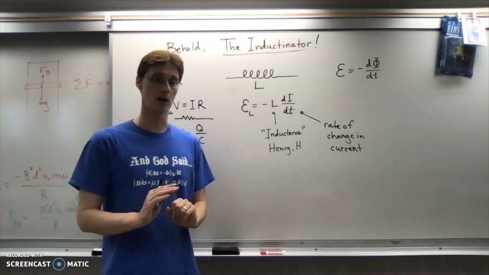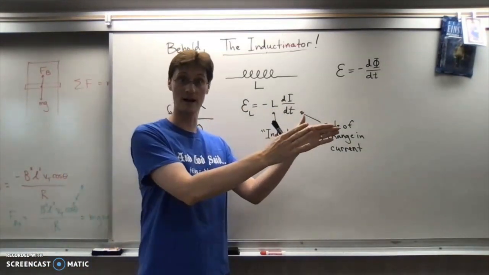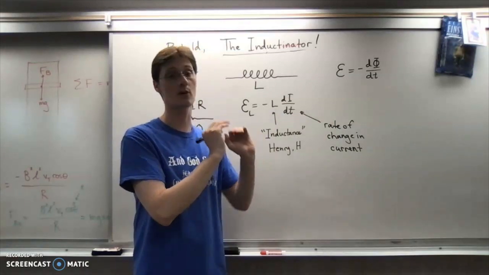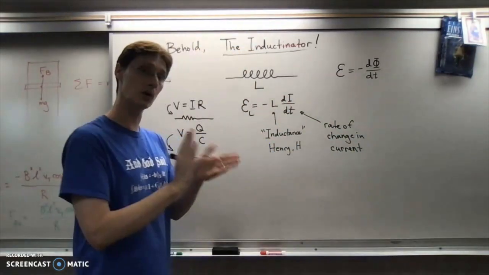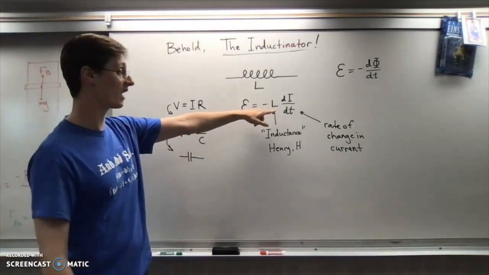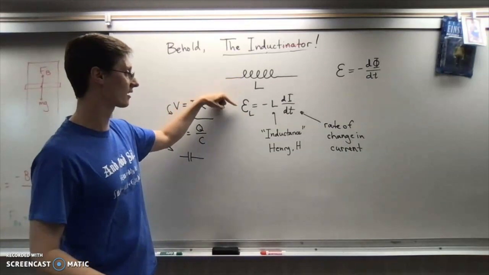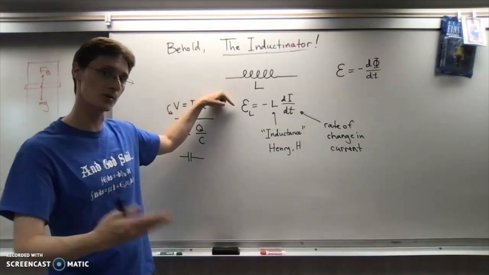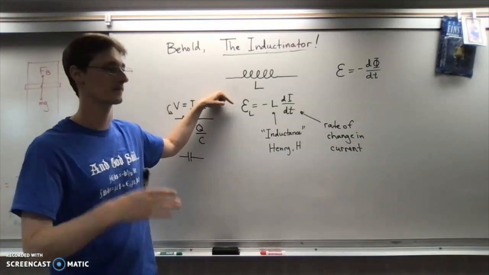So if you go from no current to some amount of current, or from some current to no current, in both cases there's a change, therefore there's a rate of change, and therefore the inductor is going to oppose the change by producing a voltage of its own.